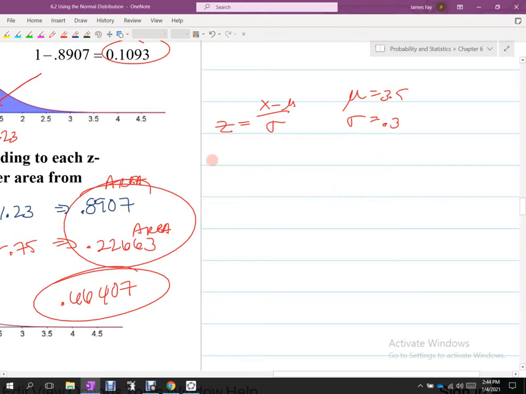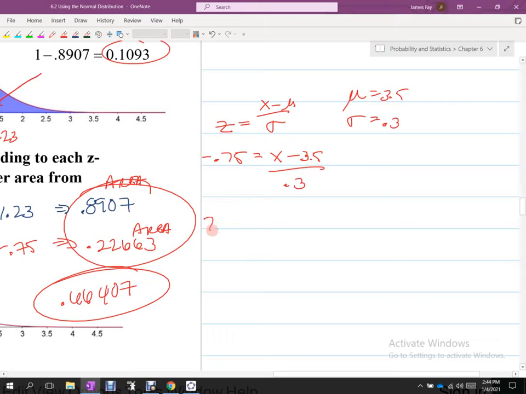If I have a z-score of negative 0.75, let's see what that actual raw data value is. So it'd be x minus 3.5 over 0.3. So I will multiply that out. So negative 0.75 times 0.3.